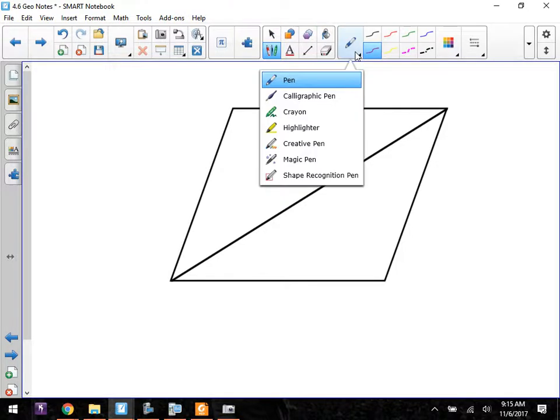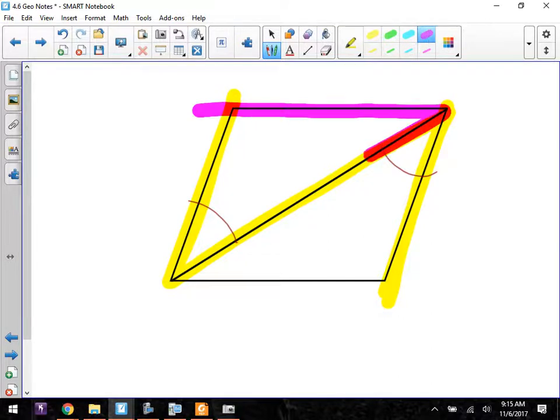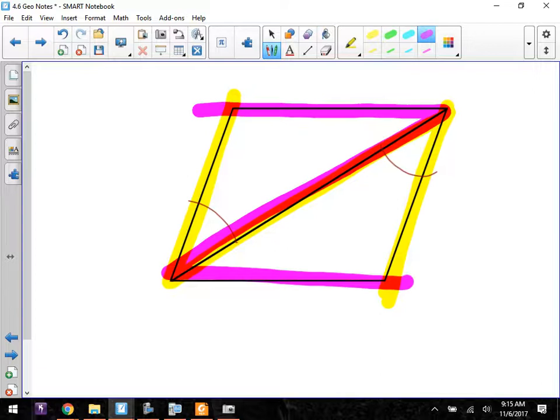If you're having a hard time seeing where I'm going with this, when you're parallel here and here, if you make the Z, where it changes direction, these are the ones that are the same. Okay? Where it changes direction are the ones that are usually the same. That's the trick with that Z thing. Same thing when I went this way, made the Z. Where it changes direction, they're the same.